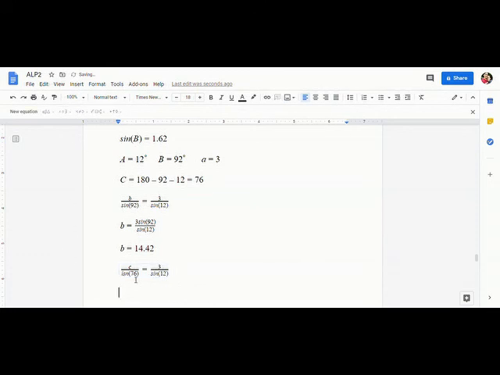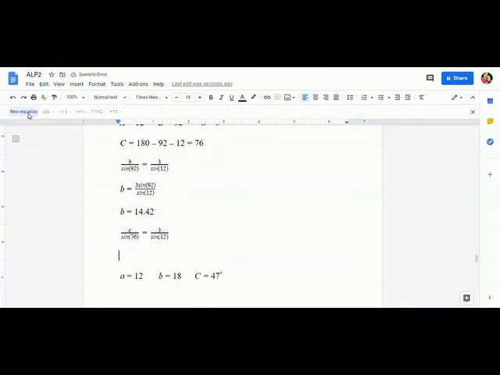Multiply both sides by sine 76. We get C isolated. 3 sine 76 over sine 12. We just put that into a calculator, and we see that C equals 14.